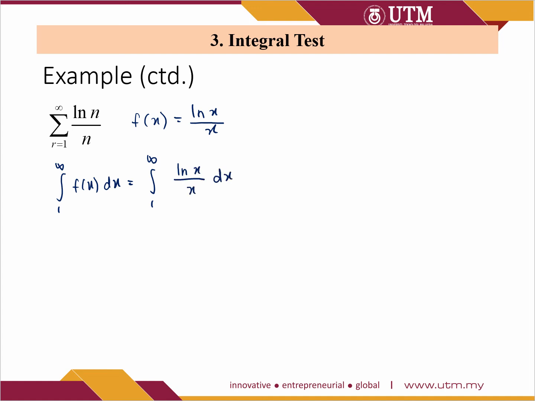Now you can see this is an improper integral. Why is this? This is improper because one of the limits of the interval is infinite, so you have to use a limit in order to solve this improper integral.